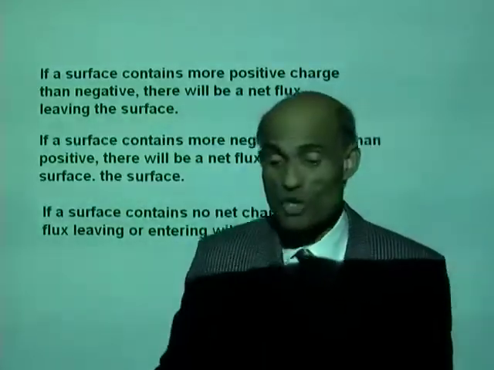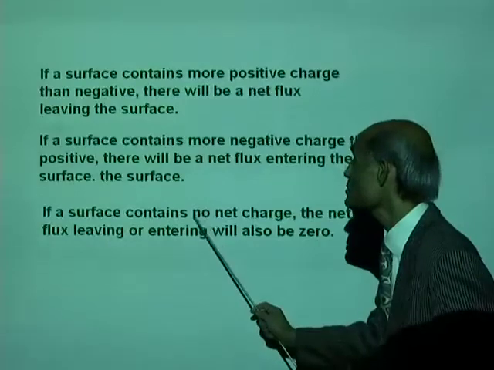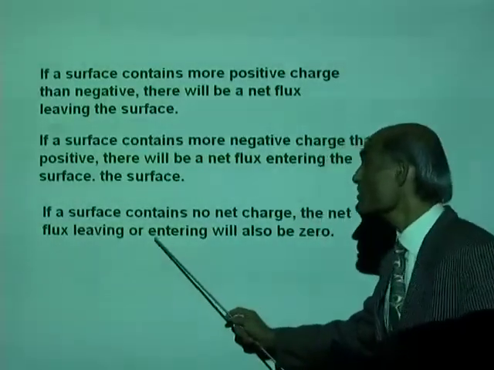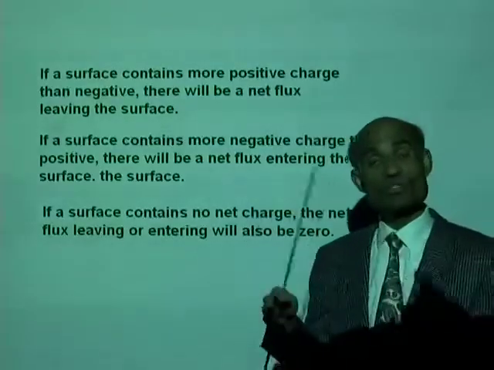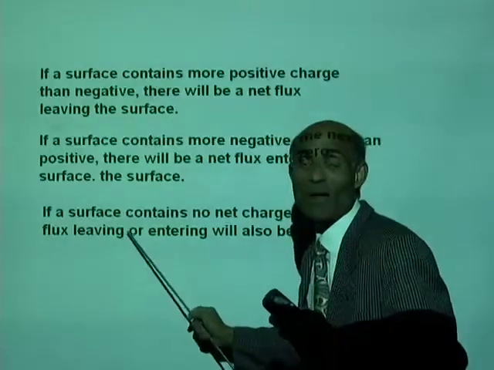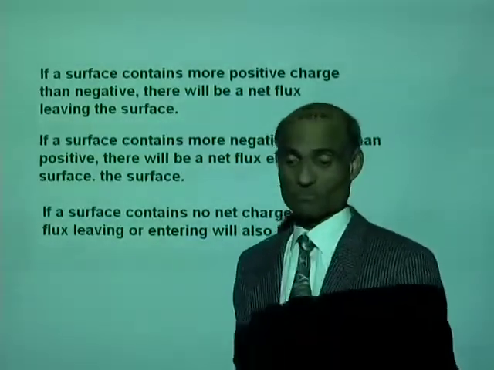That means there is no net charge. So if a surface contains no net charge, the net flux leaving or entering will also be 0. I want you to understand these statements very well, because Gauss's law is going to use these statements.